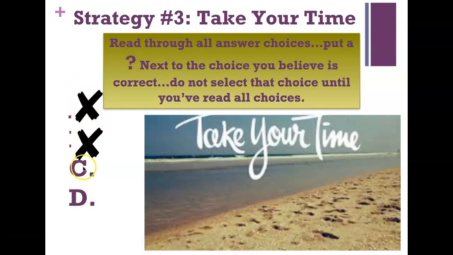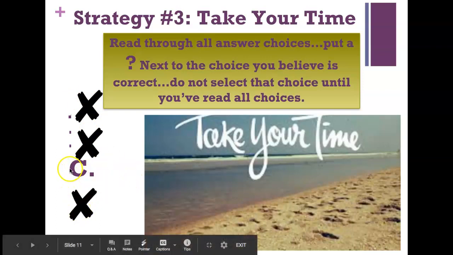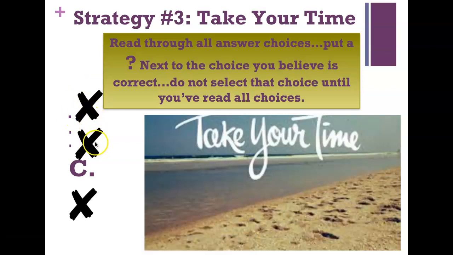Instead of saying, oh, right, I know that the answer is C, literally cross it out, or put at least a mental X through all the answer choices that you have eliminated.